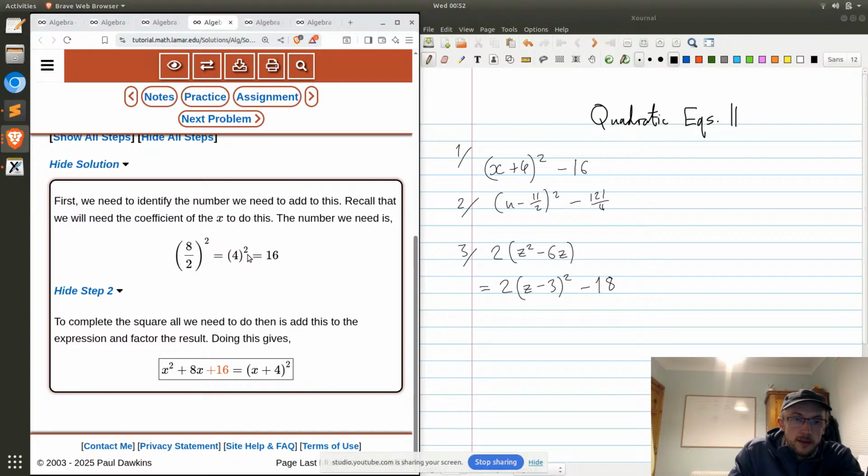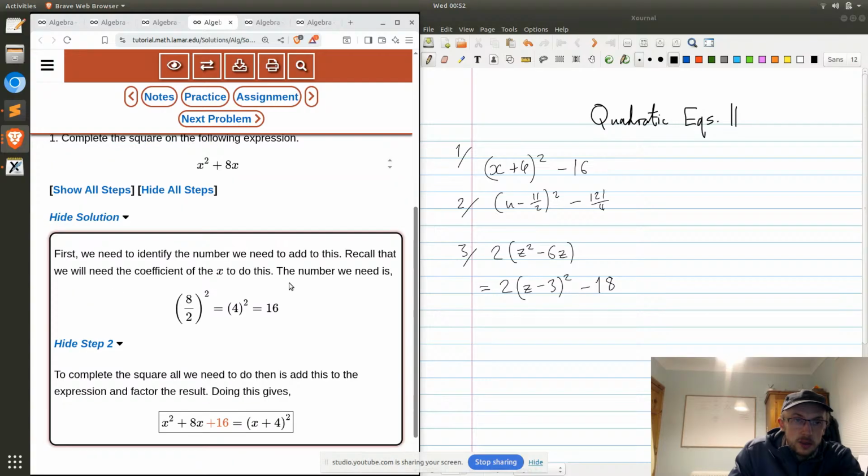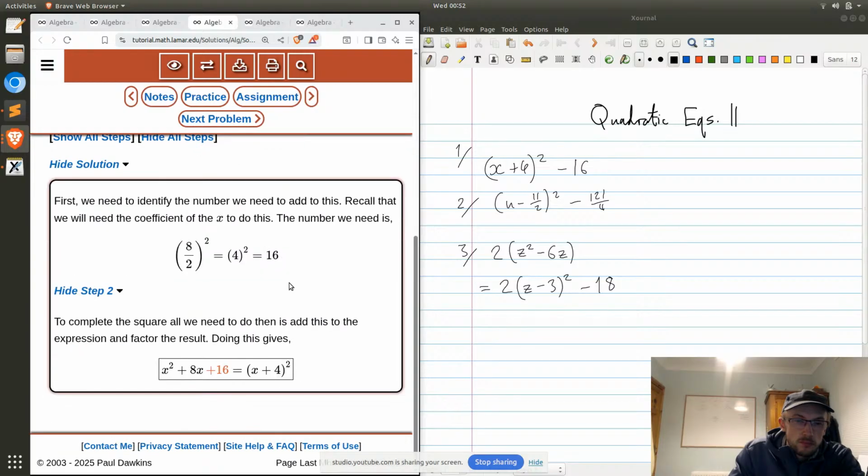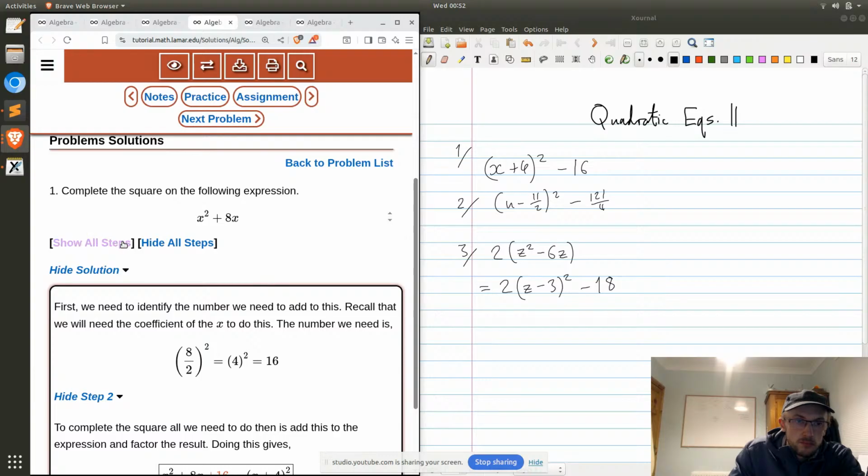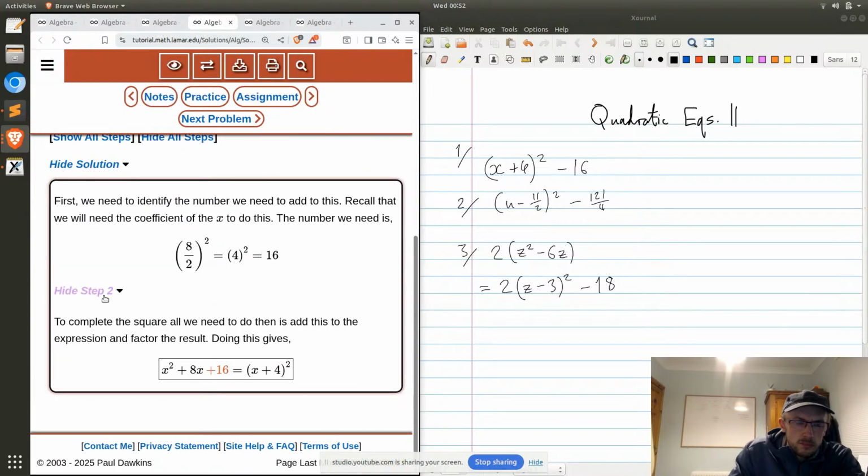And it's right. Wait. Is that what they mean by completing the square?